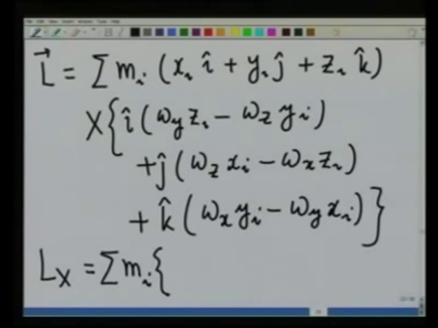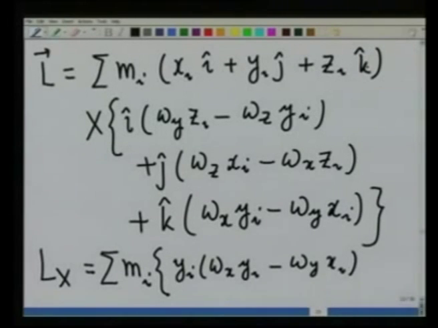For the x component, let us start multiplying. j cross k would give me one component, so that will be yi times omega x yi minus omega y xi, plus k cross j would give me a component, that will be minus zi times omega z xi minus omega x zi.